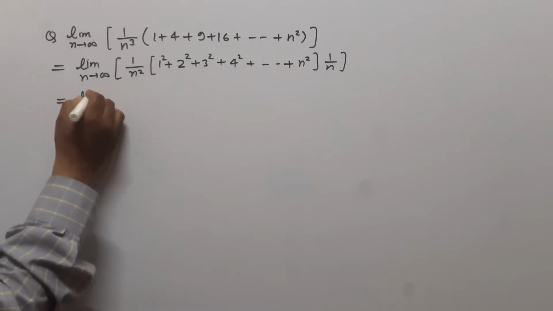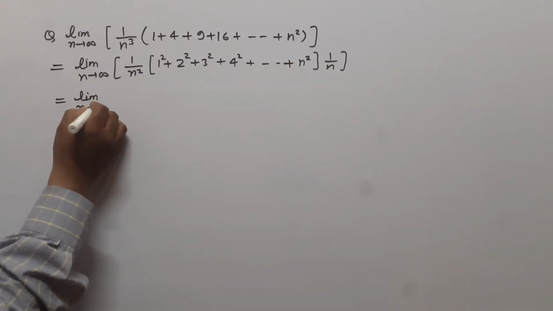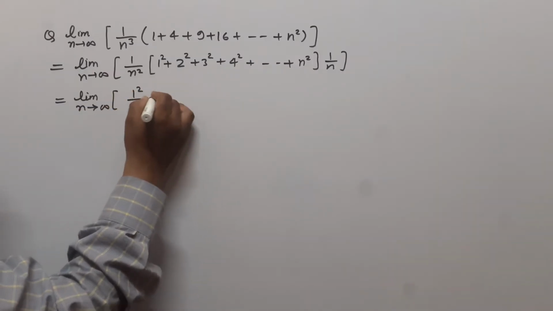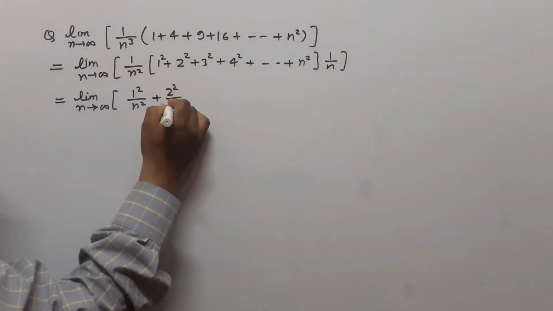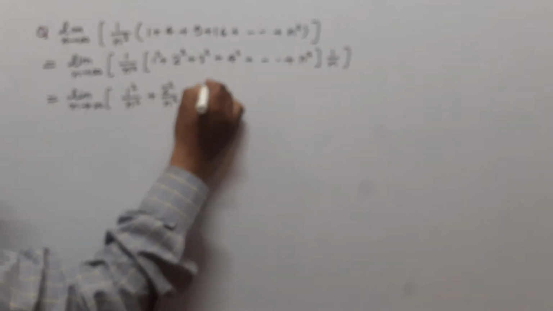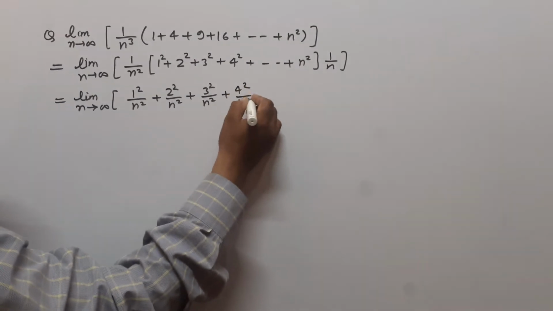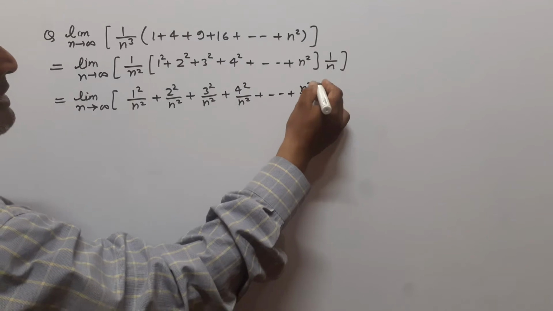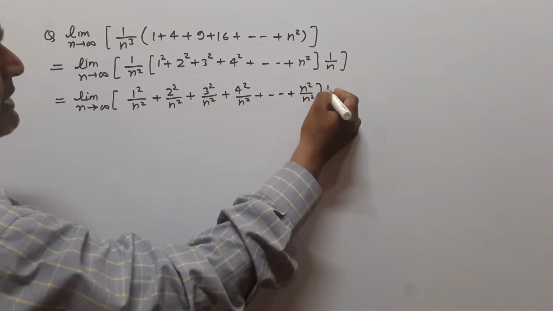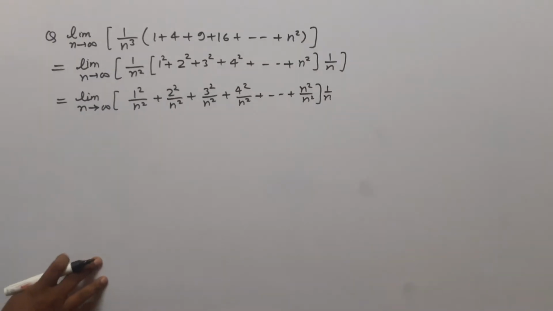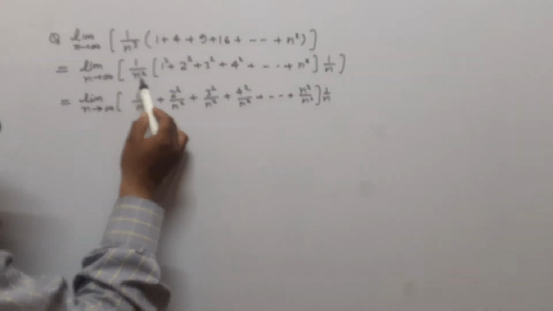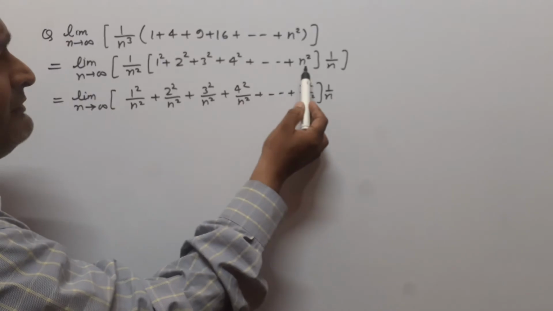Now this can also be written as 1 square divided by n square plus 2 square divided by n square plus 3 square divided by n square plus 4 square divided by n square plus and so on n square divided by n square. And this 1 upon n square is multiplied in each of these terms.